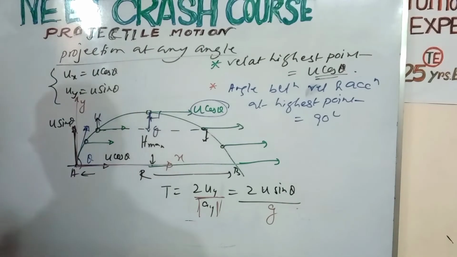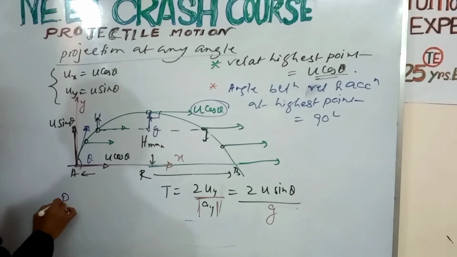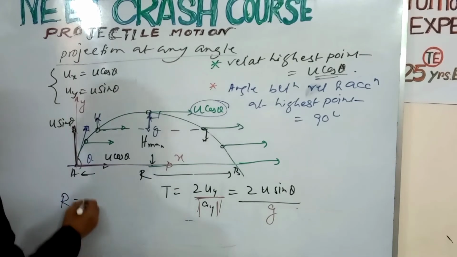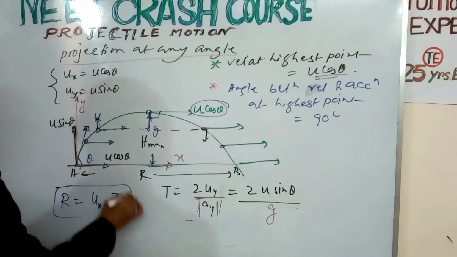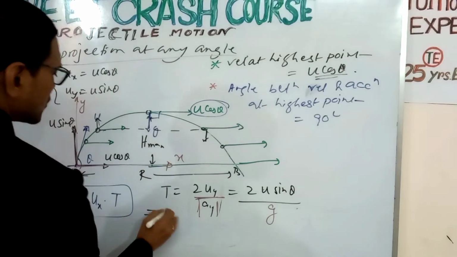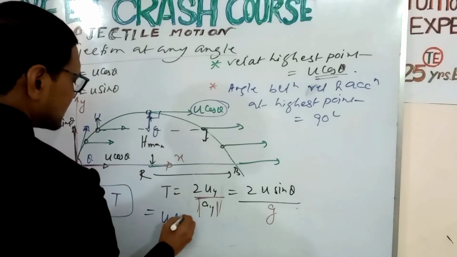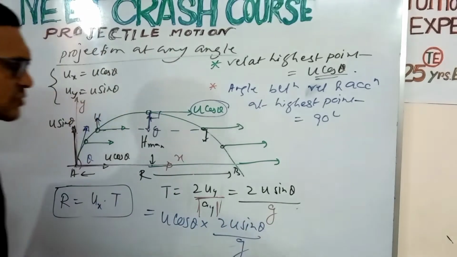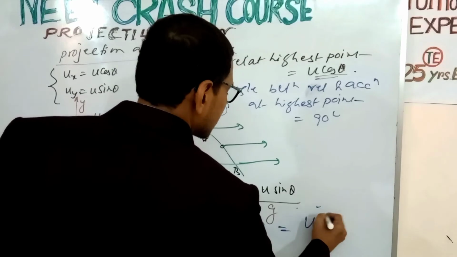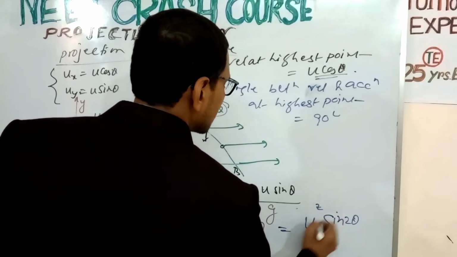And to get the range, the formula will always be ux into time of flight. So ux equal to u cos theta and t equal to 2 u sin theta by g. So we get the result u square sin 2 theta by g.